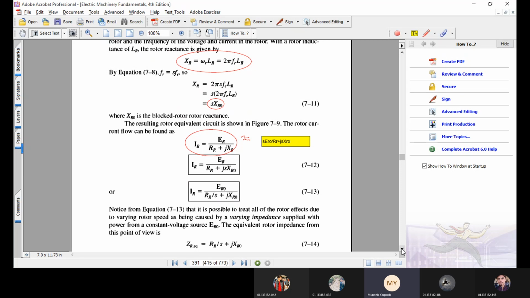So in equation 7.12 we have two terms that are dependent on S, while in equation 7.13 we did a mathematical manipulation. We divided the numerator and the denominator by S, and hence we got an equation where only one parameter, that is RR, is dependent upon the slip. So it would be much easier to use equation 7.13 instead of equation 7.12.